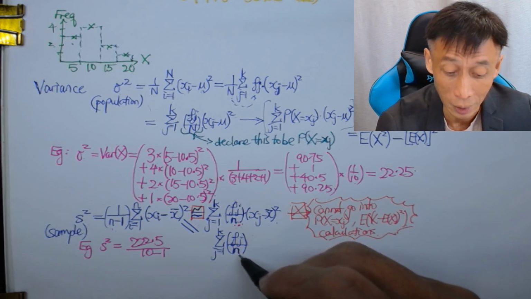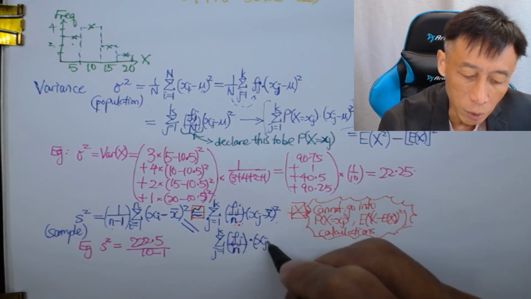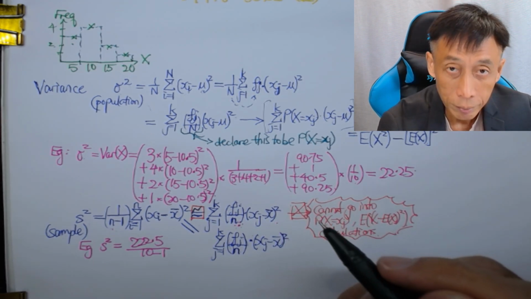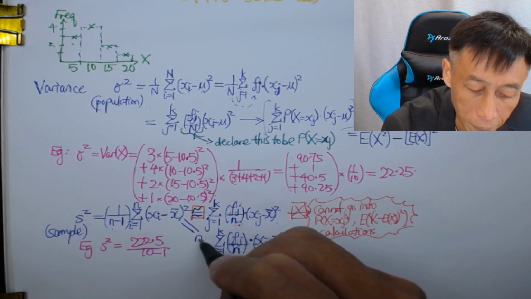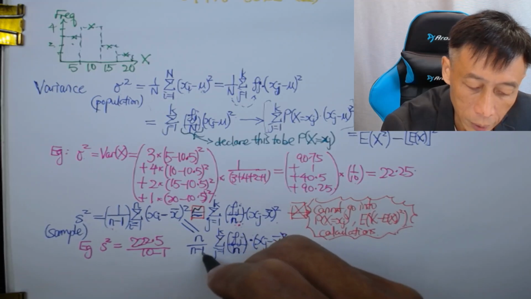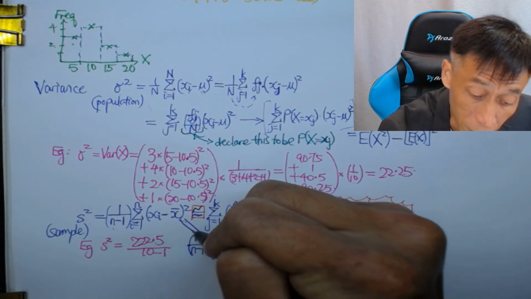Oftentimes you have to know the sample size. So we will just use the relative frequencies times xj minus x bar squared, the usual. Okay, and then we just multiply by n over n minus 1. So this is the adjustment we need, and then you will have an exact equal sign.